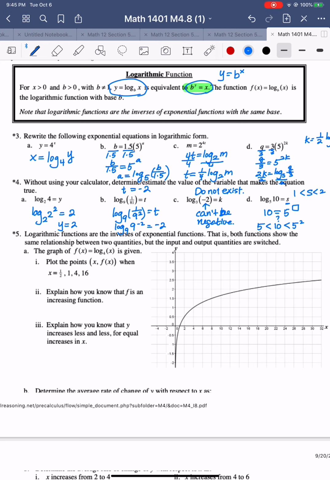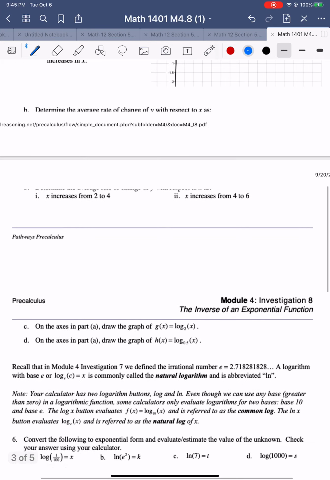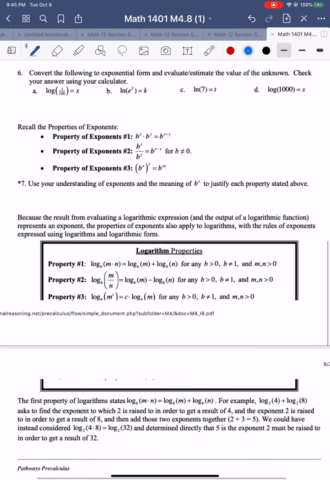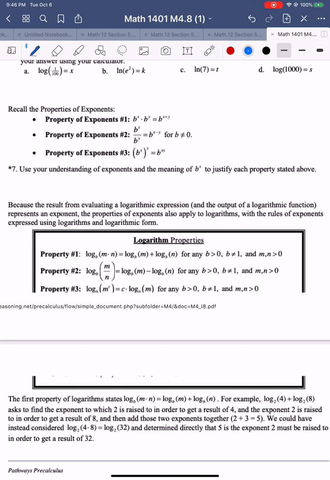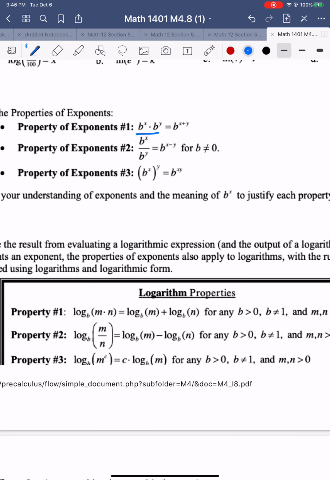Alright, we already talked about this in class, but I want to talk about the properties of exponents. When you are multiplying two factors, you can add the two exponents together. Property of exponent 2 is the quotient rule: when you're dividing, you subtract the exponents with the same base. Property of exponent 3 is the power rule, and then you multiply the exponents.